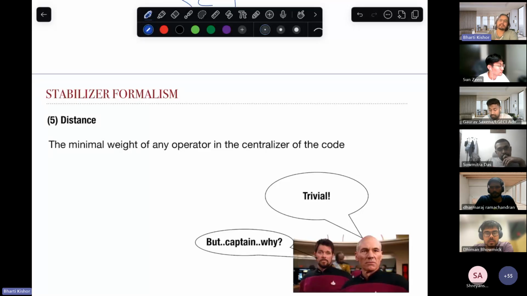Because as we said earlier, distance in the quantum case is the minimal weight of any non-identity logical operator. That's what gives you the distance. A logical operator lives in the centralizer but not in the stabilizer, and we look at its weight, and the minimal weight gives you the distance of the code.